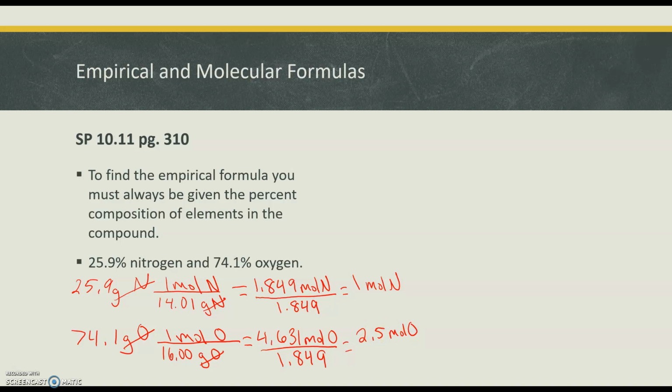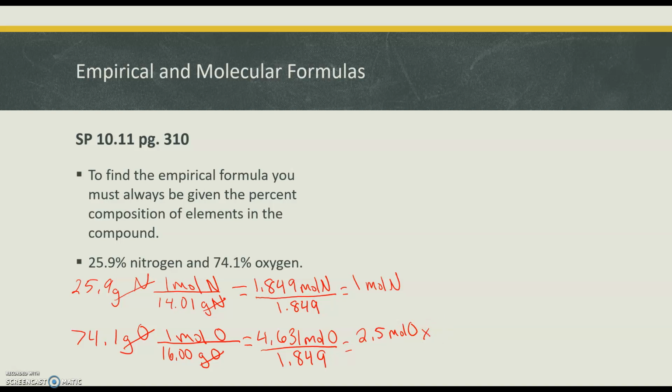Sometimes dividing by the smallest number will give you all whole numbers. In this case, that didn't happen. Now we have to multiply by the smallest number that does give us whole numbers. If we multiply a decimal of 0.5 by 2, we will get a whole number.